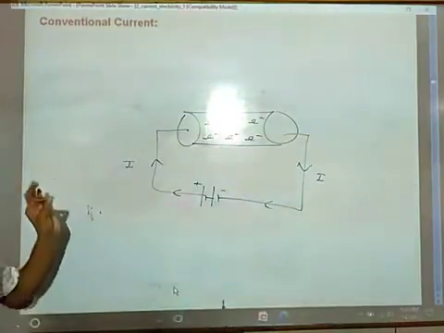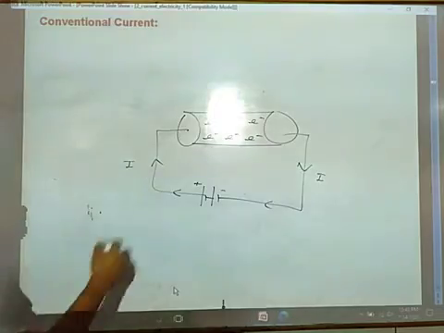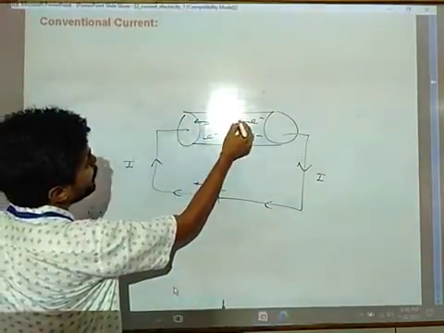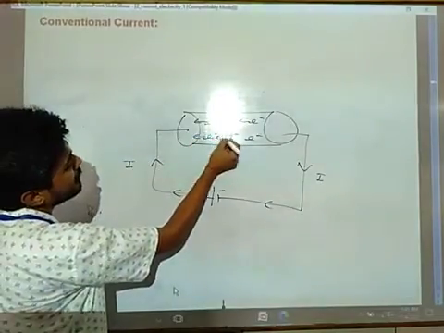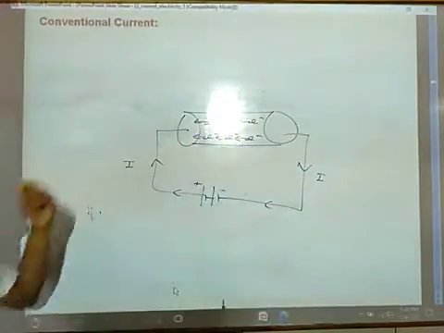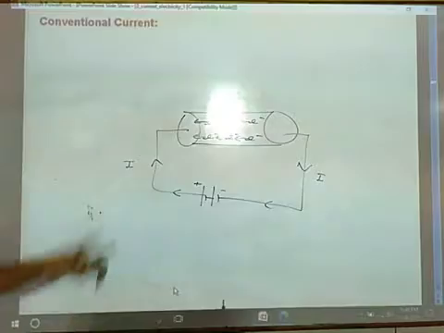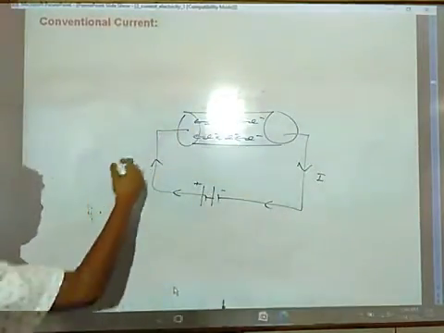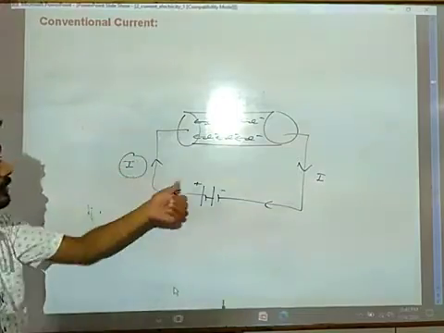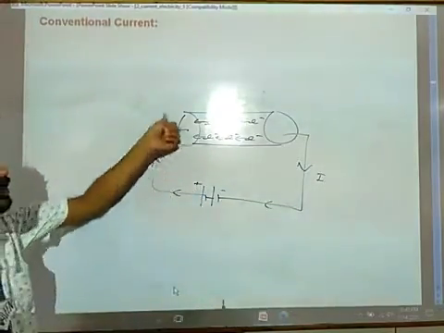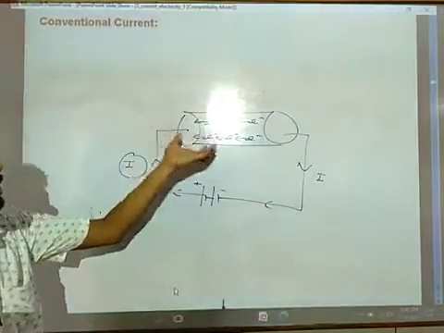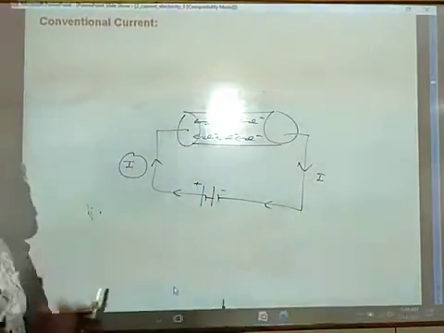But students, we know very well that electrons move opposite to the direction of conventional current. So the conventional current is from the positive terminal to the negative terminal, and the actual motion of charges is from negative to positive.